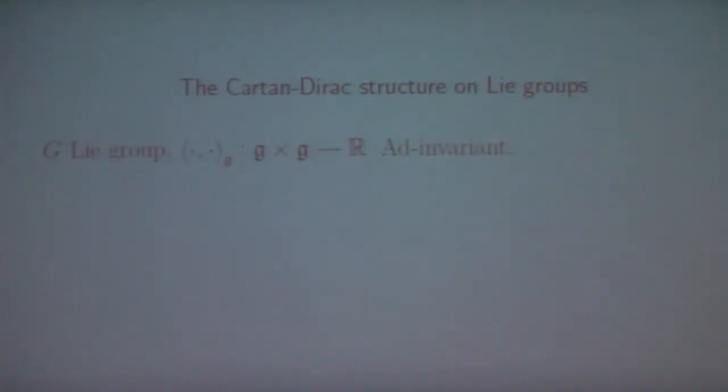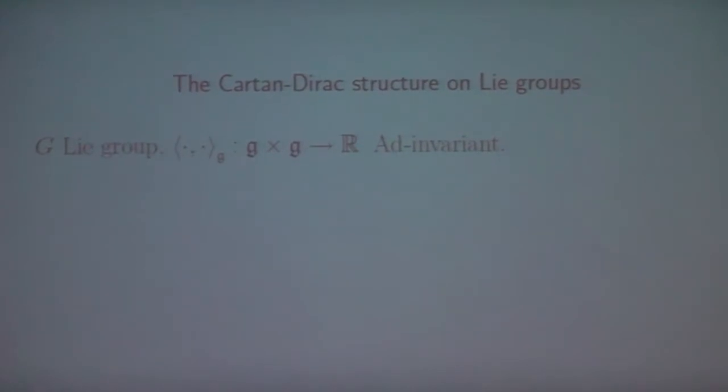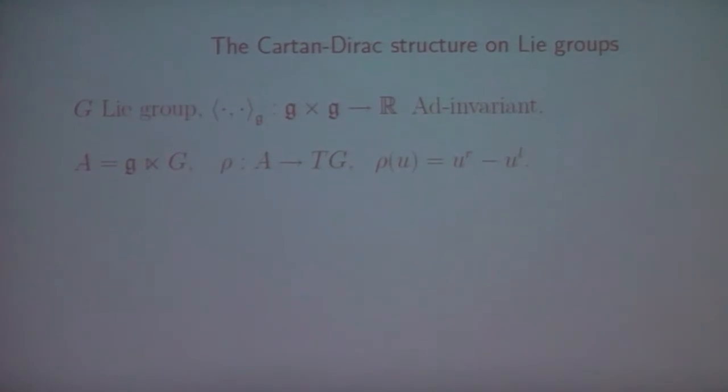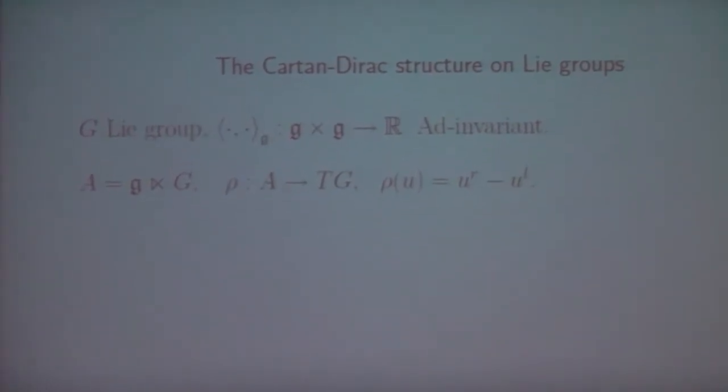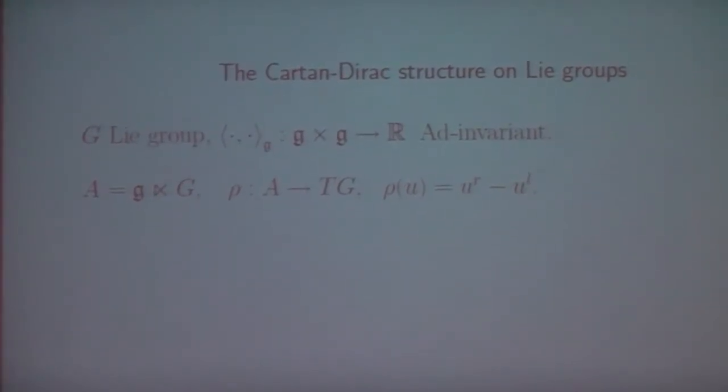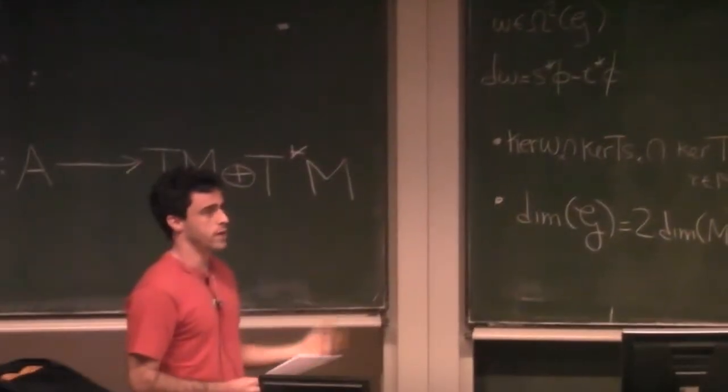And so let me tell you, what's the algebroid? To define an IM form, I need an algebroid. So the algebroid is just the action algebroid with respect to the coadjoint action. So it's just the product of the Lie group with the Lie algebra, and the anchor gives the infinitesimal generators of the action by conjugation.